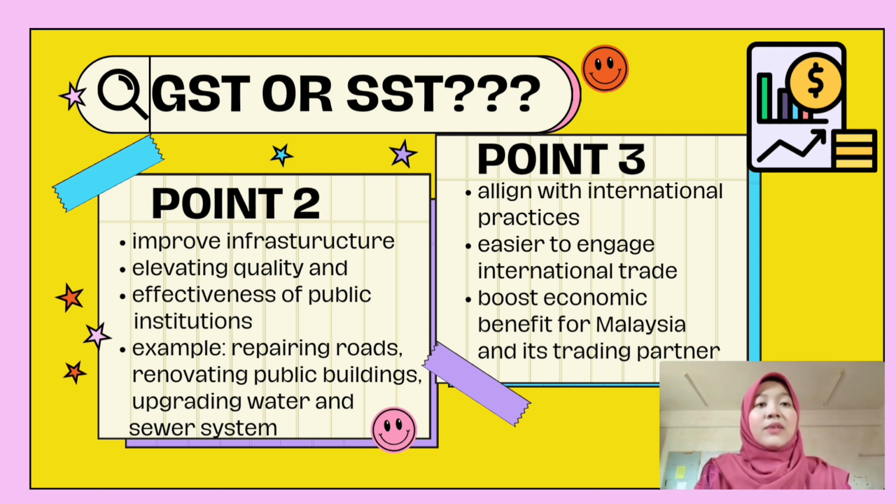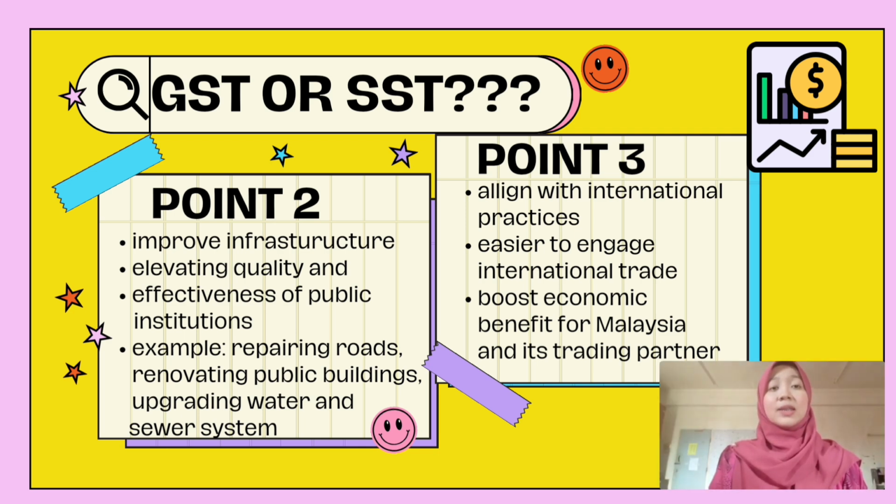For example, tax revenue is essential for the ongoing maintenance and periodic upgrades of infrastructure. These include repairing roads, renovating public buildings, upgrading water and sewer systems, and modernizing energy grids. Regular maintenance ensures that infrastructure remains efficient and reliable over time. At this point, we can see that resources will be better when Malaysia has better quality institutions.